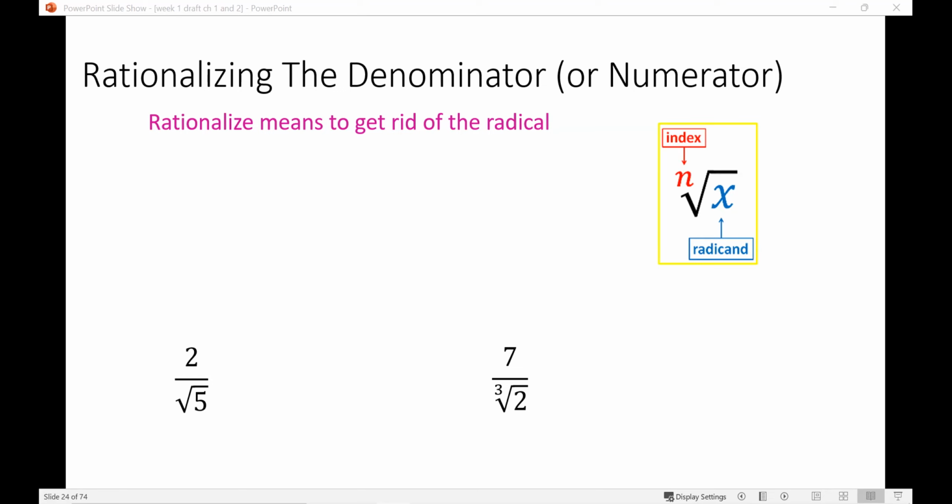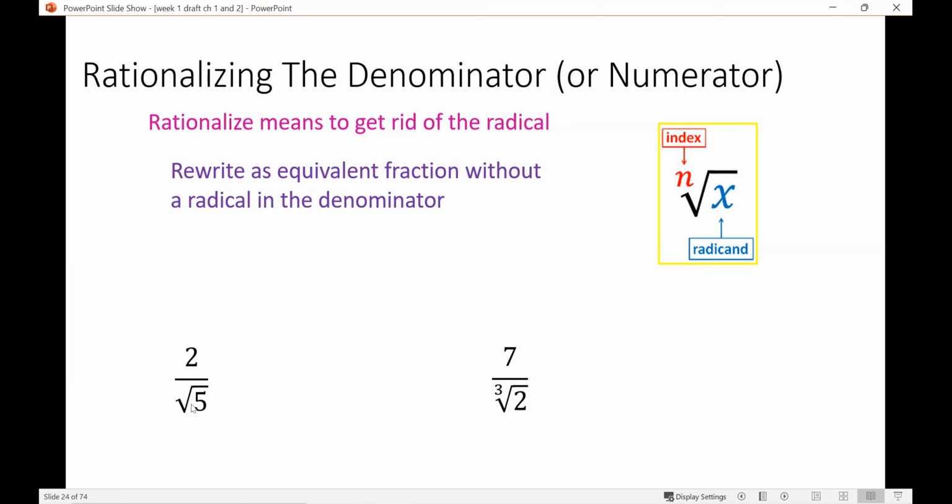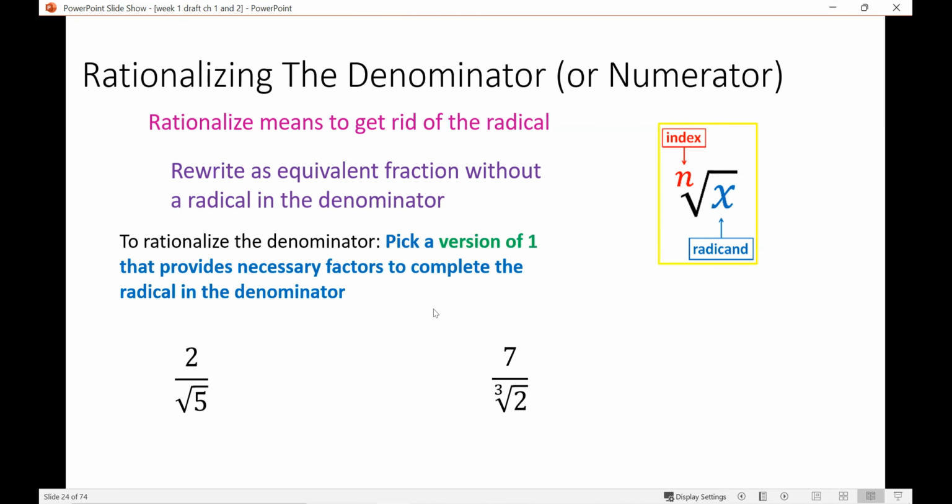So in this example, I'm going to show you how to rationalize the denominator, which means we're going to get rid of the radical in the denominator of these fractions. So we're going to rewrite them as equivalent fractions without radicals in the denominator.